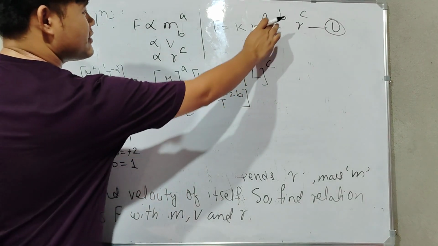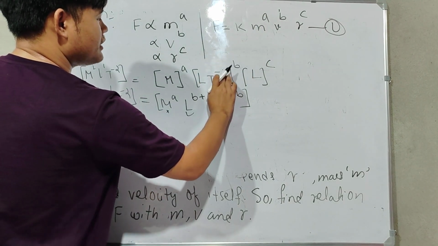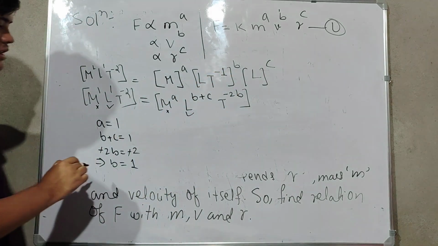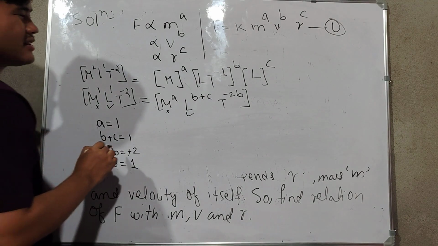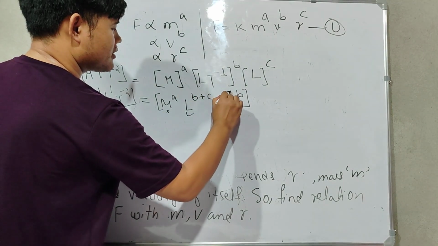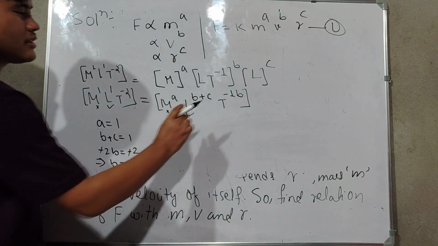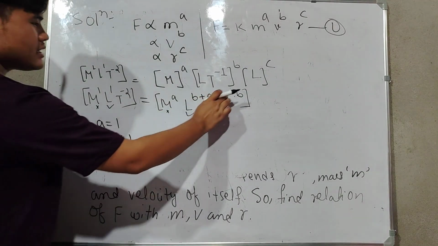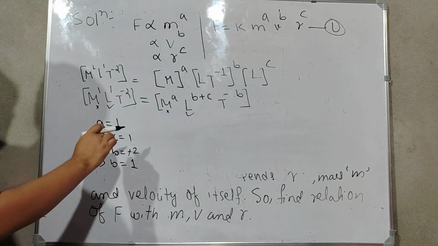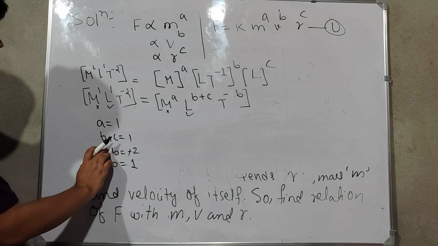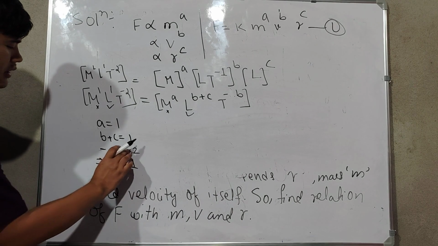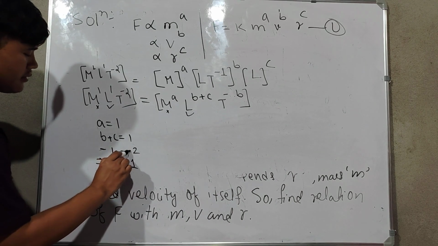This velocity is not L to the power T minus 2, right? It is T to the power minus 1. See, we are about to make mistakes. So minus B, so minus B is equal to minus 2.